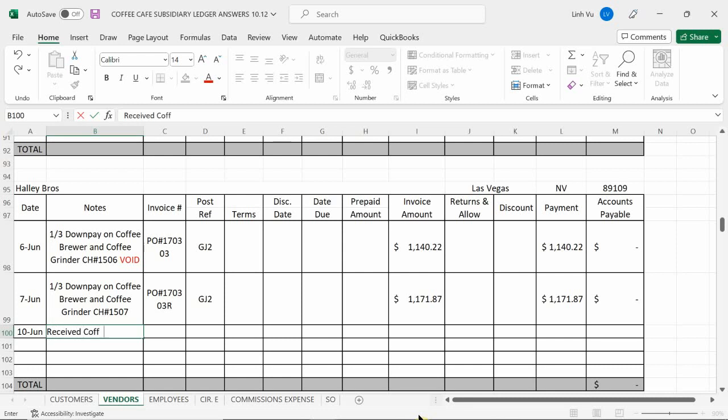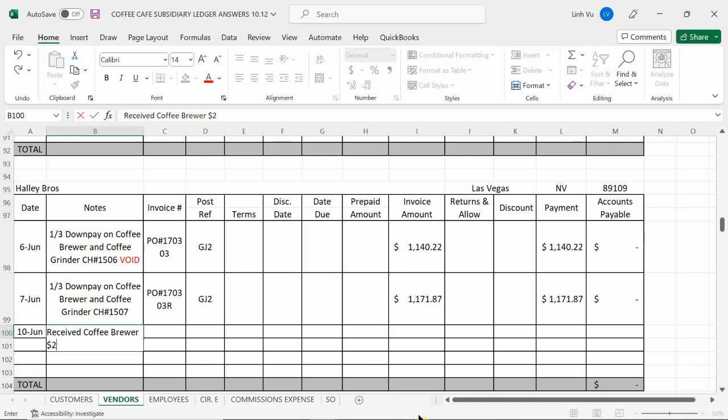Received coffee brewer, okay, for that $2,452.95.